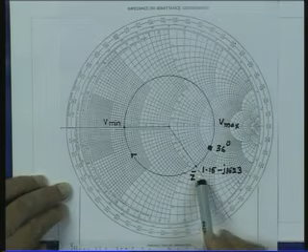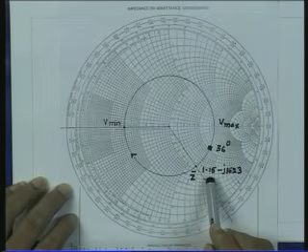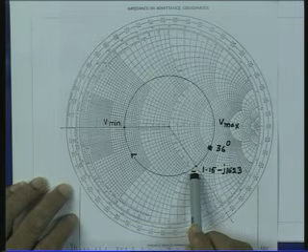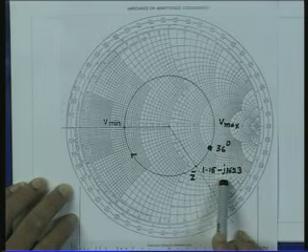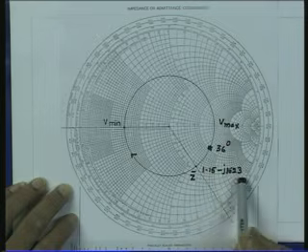Now, if I read off the value of the normalized resistance and reactance corresponding to this point, I get 1.15 minus j 1.23.